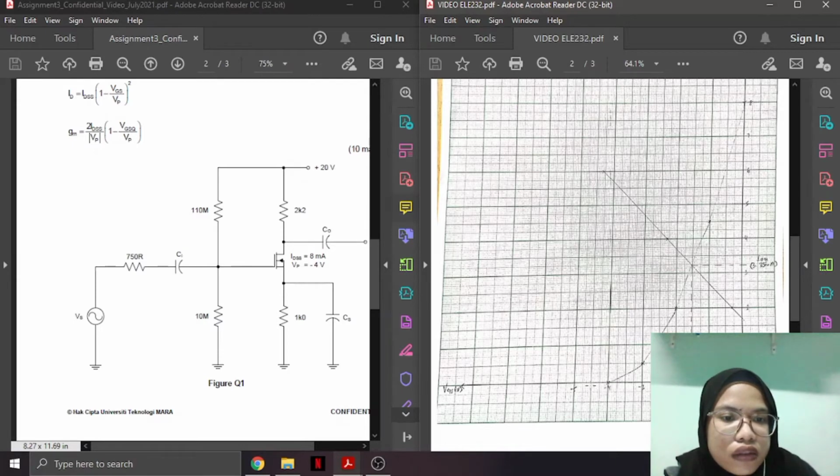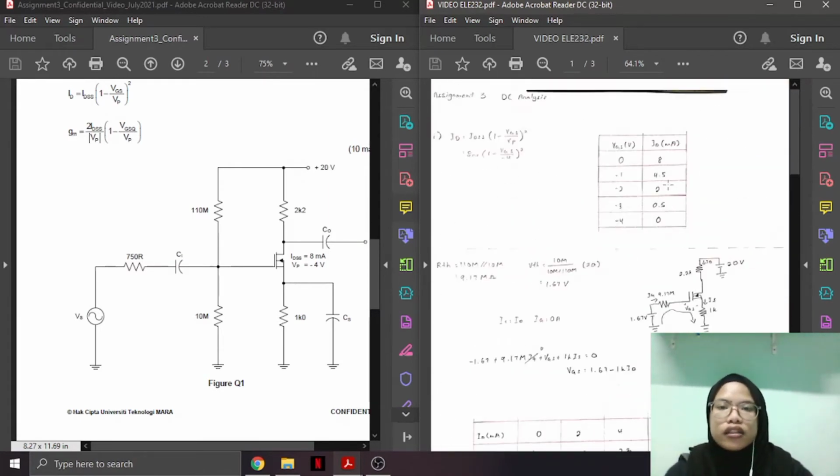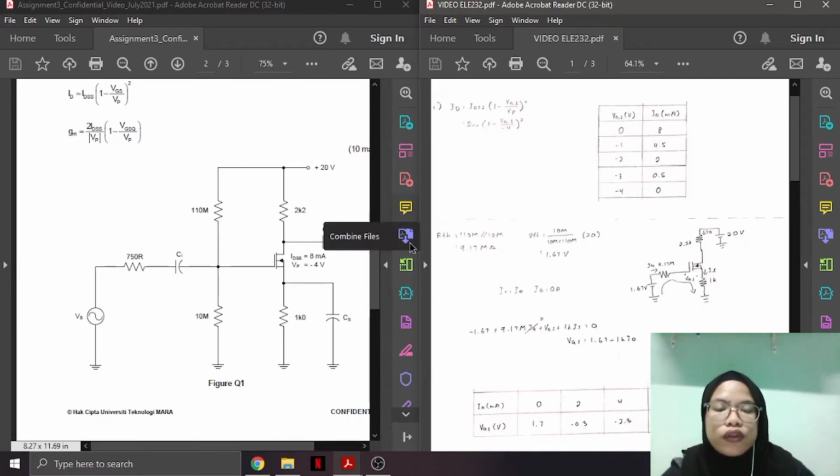I'm sorry if you can't see it clearly. But that is not the answer for IDQ. Next, after we have sketched the graph, we need to find the next thing.